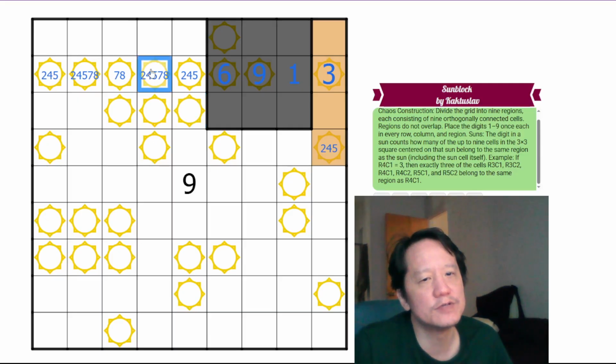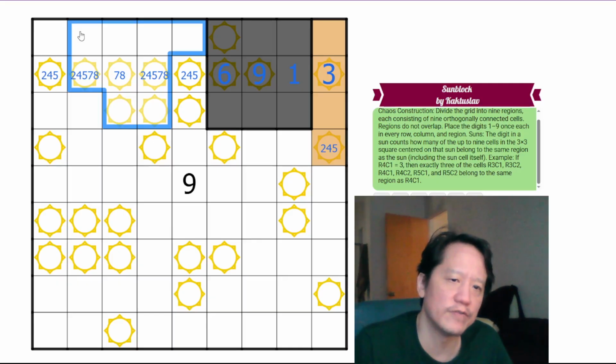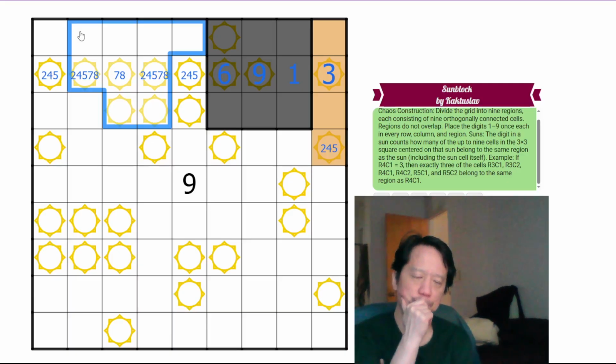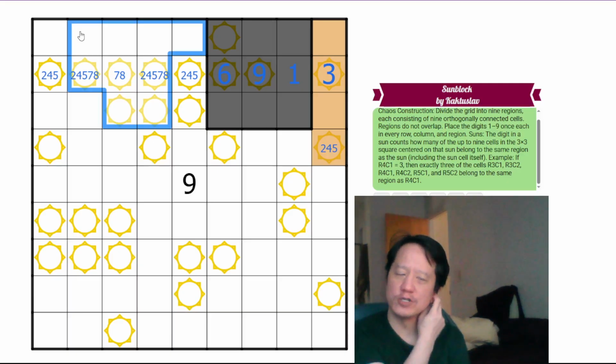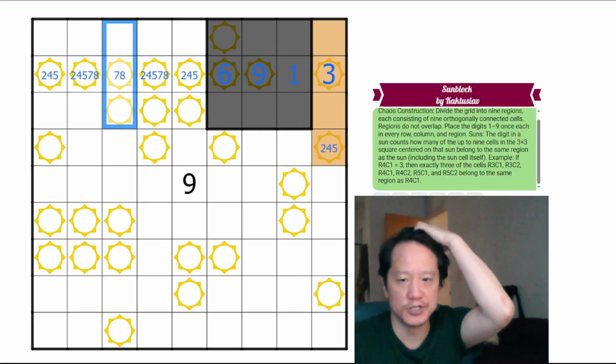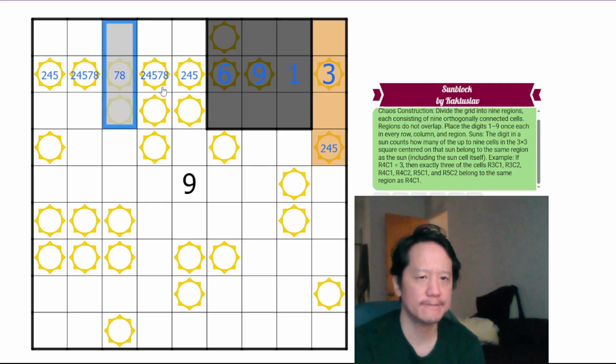Can you have... You could have 7 here. I guess you could have 5 there. So that sort of works both ways, right? Okay, so we know this is part of a region. So this is definitely part of a region.